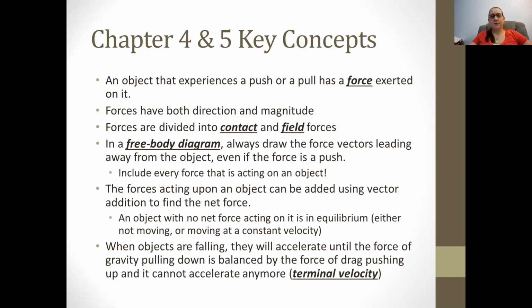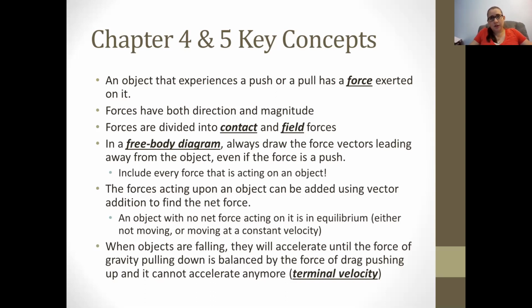And we'll see in chapter 11 different kinds of equilibrium. But equilibrium basically just means there's no acceleration. Right? It will either be at rest or it could be moving at a constant velocity, right? Constant speed, constant direction. But it just won't be accelerating.